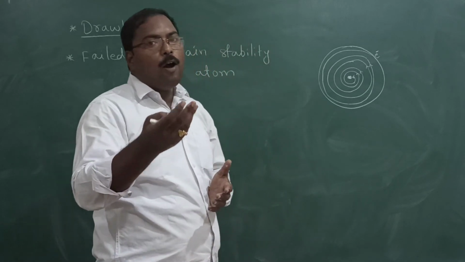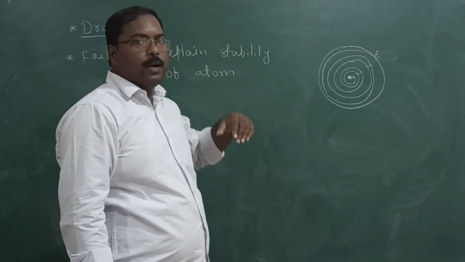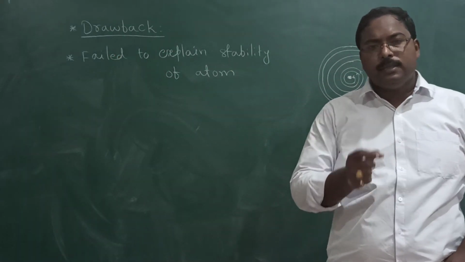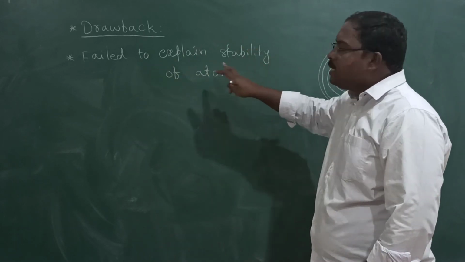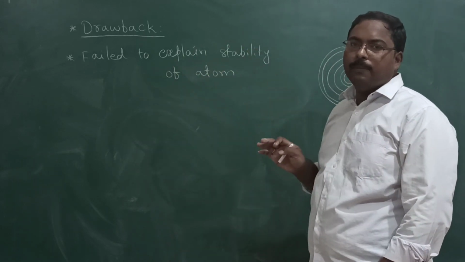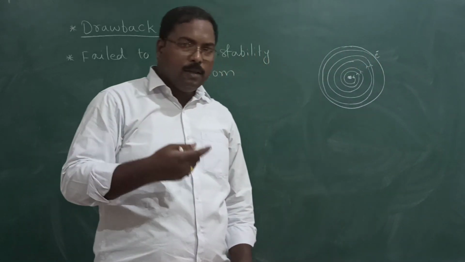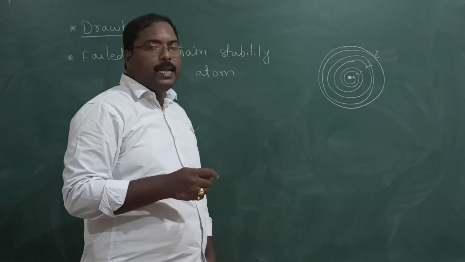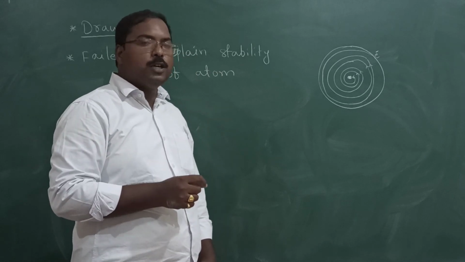Then how it is stable was not explained by Rutherford. So if they ask what is the drawback of Rutherford's model, the main drawback is he failed to explain the stability of the atom. Due to the law of classical mechanics, every charged body should lose energy during motion.